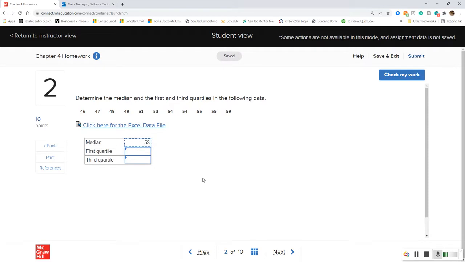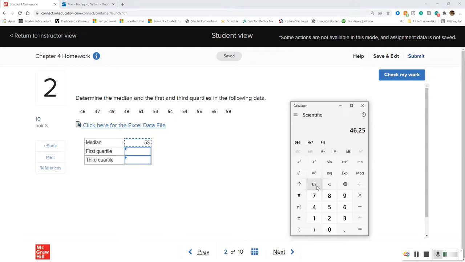All right, next we're going to find the quartile. So we need our calculator. Make sure you always clear out your calculator, just in case there are extra numbers. To find our first quartile, we take how many values are in our set, which happens to be 11, add 1, which is 12.